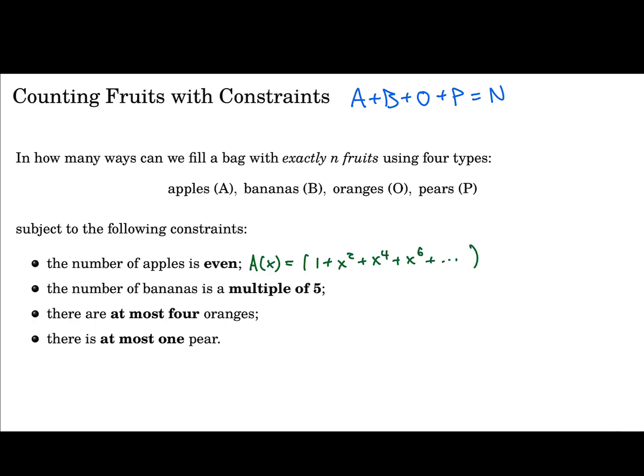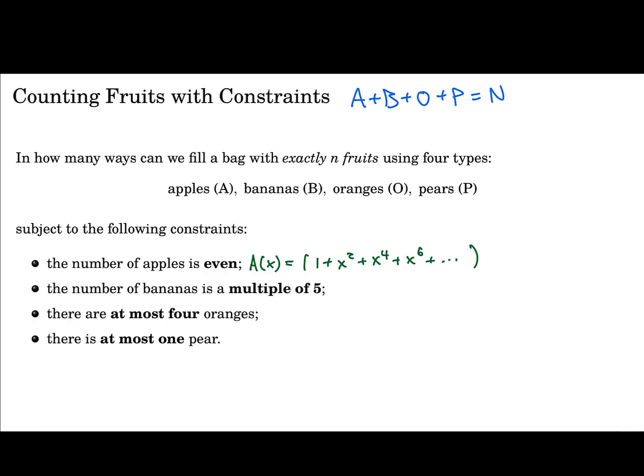So the idea is that this infinite polynomial, when we multiply with other stuff, is going to represent getting an even amount. So it's going to be all the powers that are even. So here this is x to the 0. So of course 0 apples would be even, so we're including the 1 here. And so a choice of a number of even apples is going to be one of these even powers here.